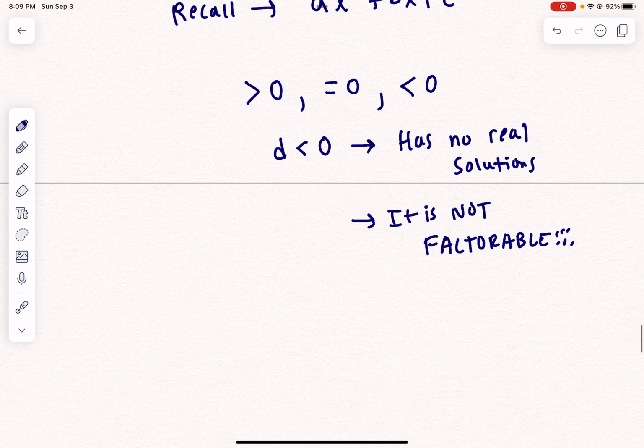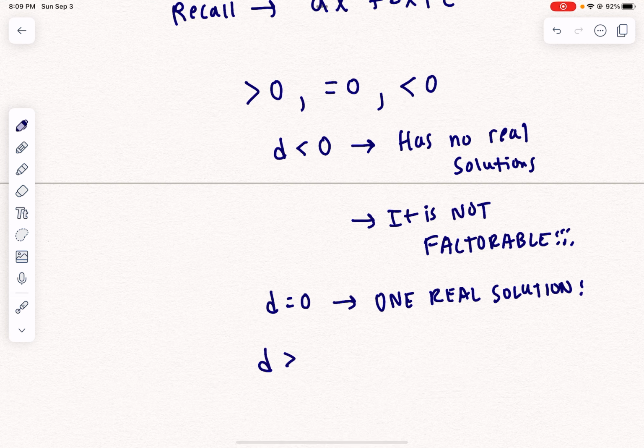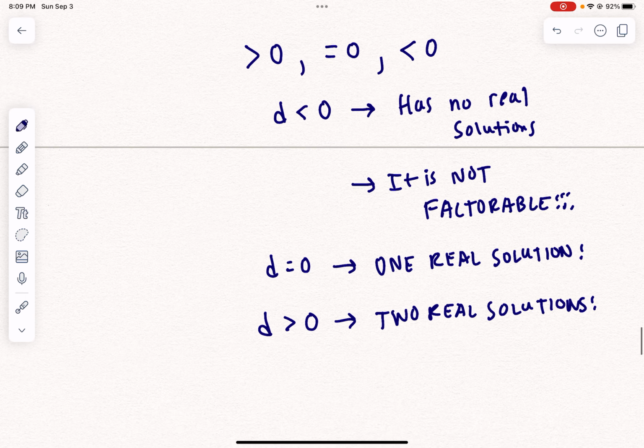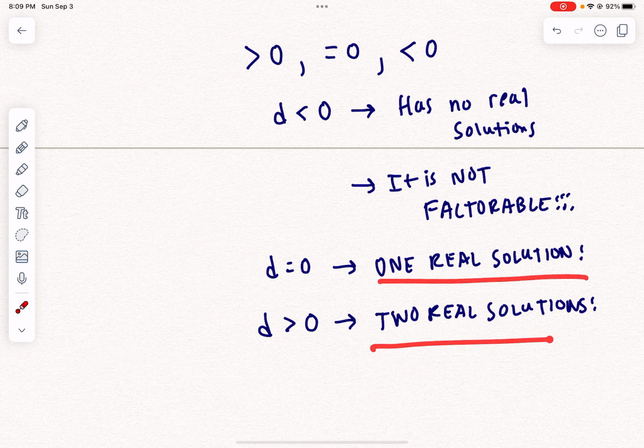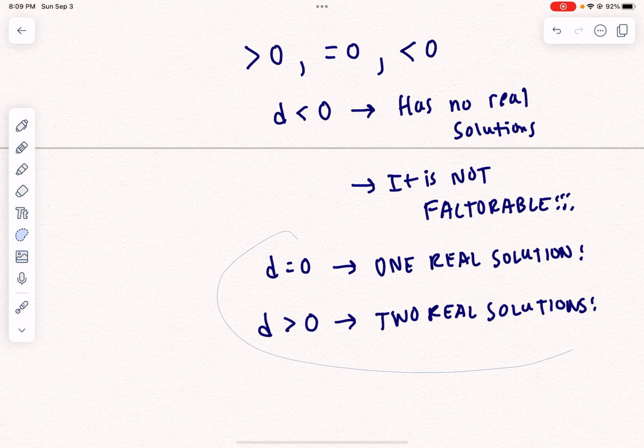If your discriminant is equal to 0, you'll have one real solution. And if your discriminant is greater than 0, you'll have two real solutions. Whenever you have a discriminant equal to 0 or greater than 0, these situations are actually factorable.